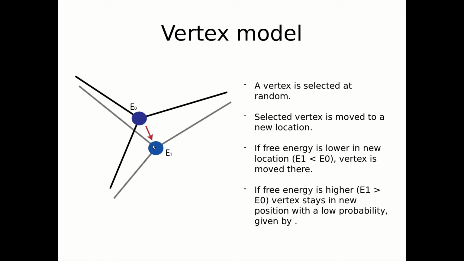However, if the free energy of the new location is higher than in the previous location, the vertex returns to the previous location. With a low probability, it can stay in the new location, which accounts for noise in the simulation.